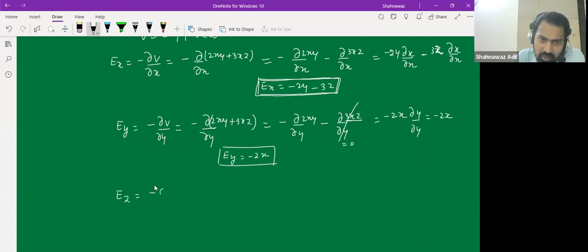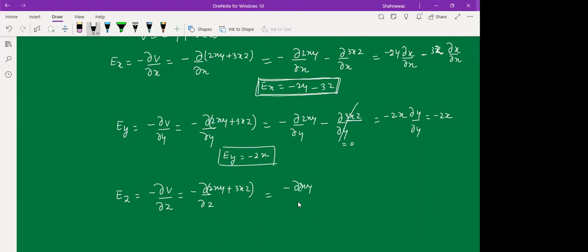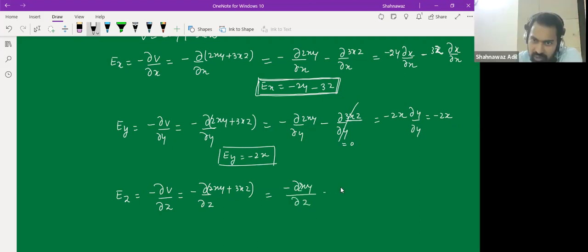Now let us calculate the final component, which is the z component. The z component would be minus dV by dz. So this would be minus d by dz of 2xy plus 3xz. So again, the first component, 2xy, will get cancelled, sir. Yeah, absolutely correct.